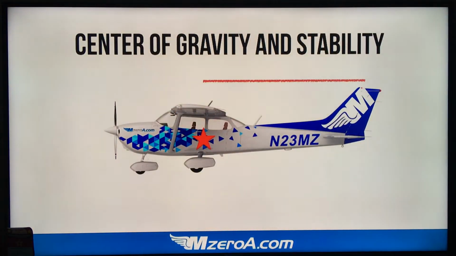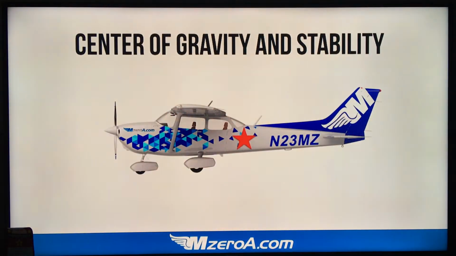You need leverage. A forward CG, like you see here, gives us a longer arm back to our rudder, thus giving us more leverage, which ultimately equals more rudder authority, which gives us an increase in stability. Let's look if I had an aft CG back by the baggage compartment. Look how short my arm would be.